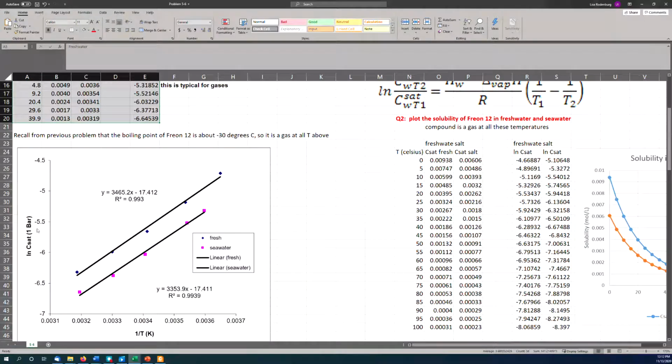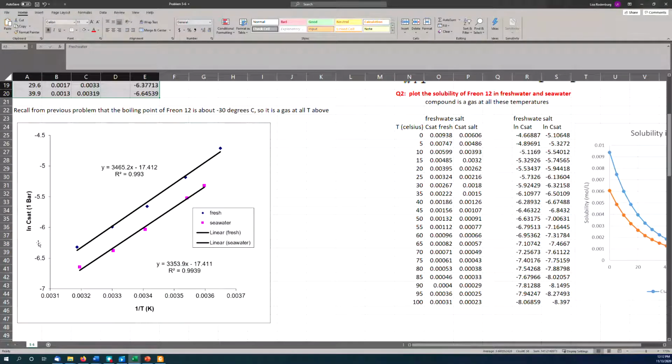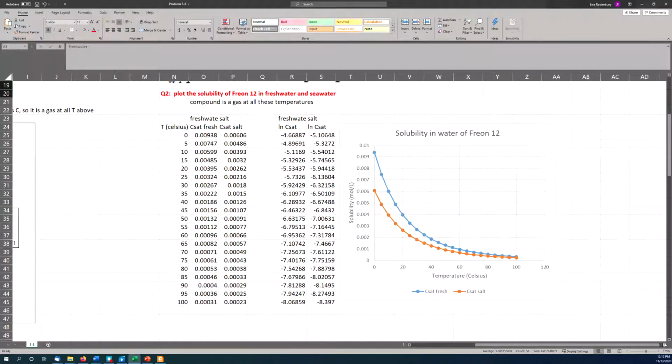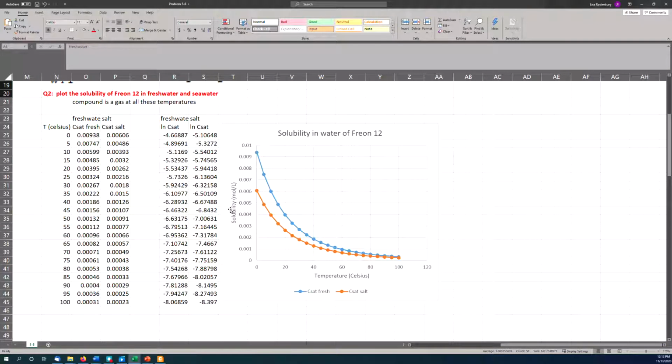I always like to make you plot in this version where it's the natural log of the equilibrium constant versus 1 over temperature. But then I also like to make you plot these things in terms of, in this case, solubility versus straight temperature, to notice that there is curvature here. And again, as I was explaining in the previous graph, at low temperature the solubility is high, and at high temperature the solubility is low.